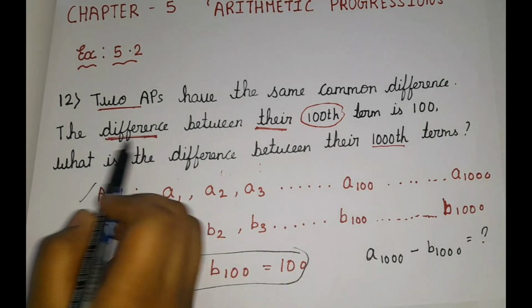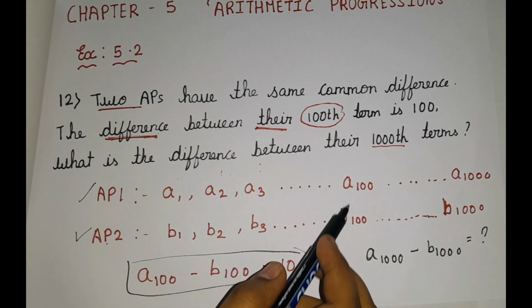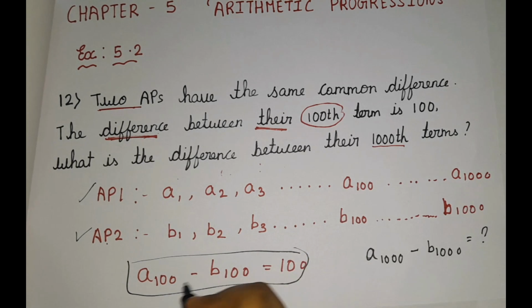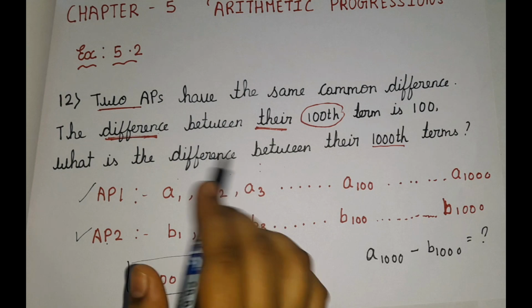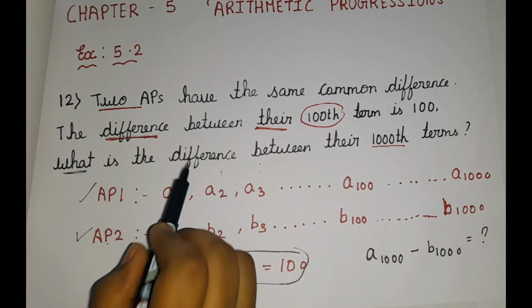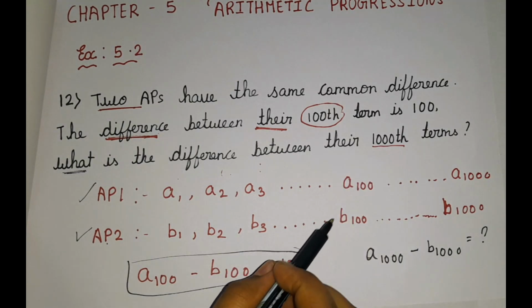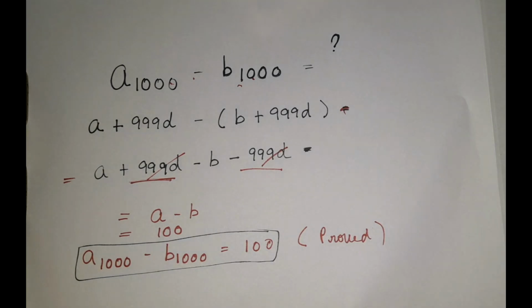So difference means a100 and b100, we are supposed to subtract them, that is the meaning of difference. Okay, so the difference is 100. So we are supposed to find the difference between the 1000th terms. Okay, so likewise we found the 1000th term, isn't it? So what is the difference of the 1000th terms?